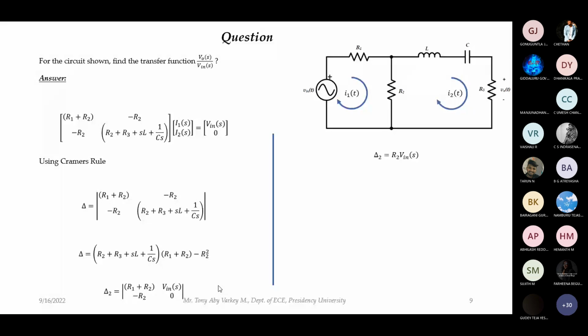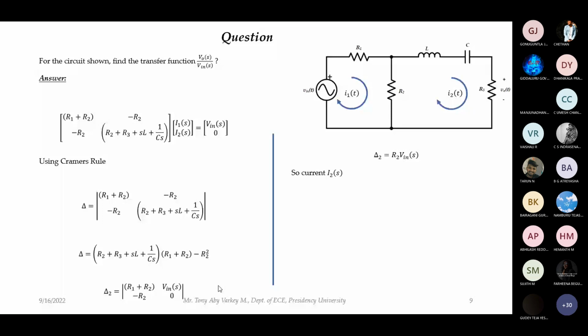According to Cramer's rule, what is I2 of S? What is the formula? According to Cramer's rule, I2 is delta 2 by delta.